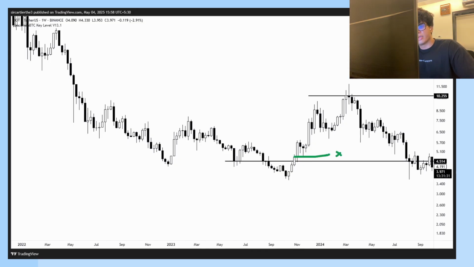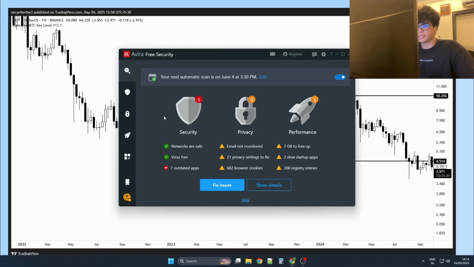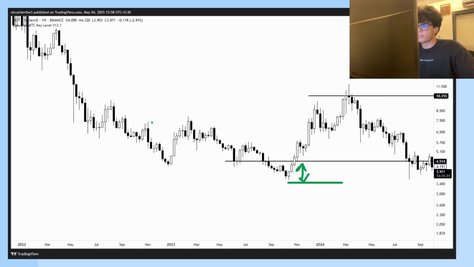I look for entry here as the weekly candle closes. But if I put my stop here, like the first setup of furthermost deviation, there will be a big gap to my stop loss. This will worsen my risk to reward ratio, because if I'm targeting, for example, this high, then this is a bad risk to reward ratio.